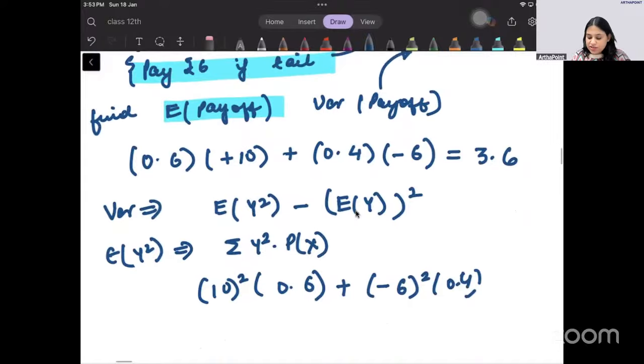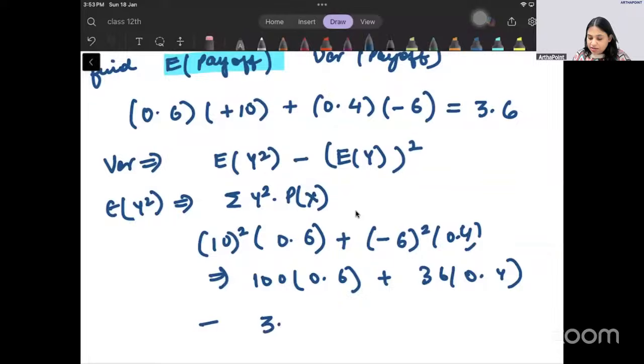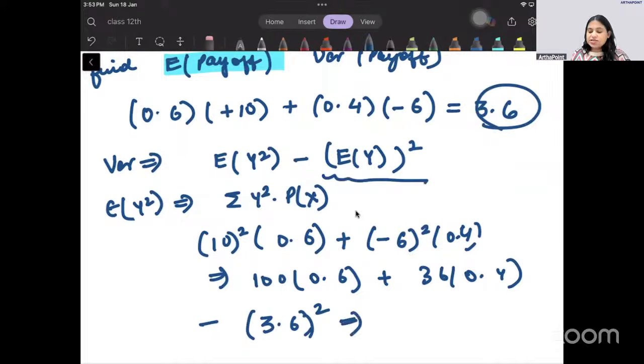You solve this, you'll get an answer. So it will be 100 into 0.6, 36 into 0.4. कुछ आंसर मुझे बताओ यहाँ पे क्या रहा है, and you subtract 3.6 का whole square from it, minus E of y whole square. So what answer are we getting here?